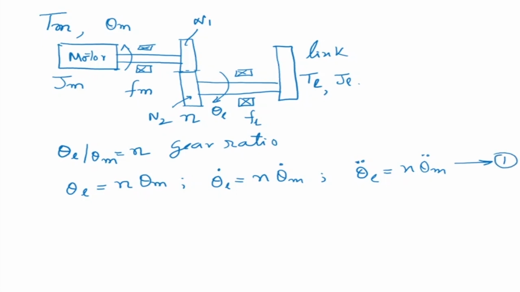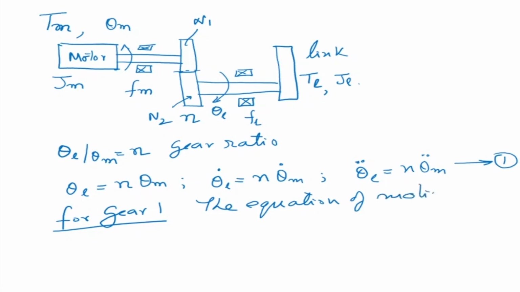Now for gear 1, the equation of motion, now we are looking at this from the gear 1 side, so from the motor side, then we look from the link side. For gear 1, the equation of motion is given by Jm theta m double dot plus Fm theta m dot plus T1 is equal to Tm.